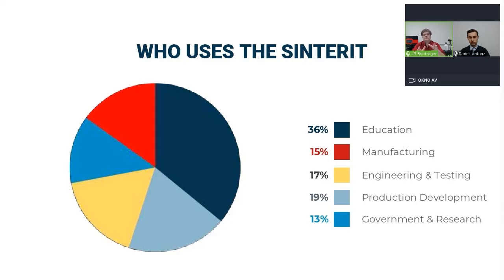So who uses SLS technology? Who's using the Sinterit right now? Well, here in the North American market and through most of the world, we've seen a large quantity of this type of printing being done by educational institutions, universities, both large-scale and small, as well as some higher-end high schools.